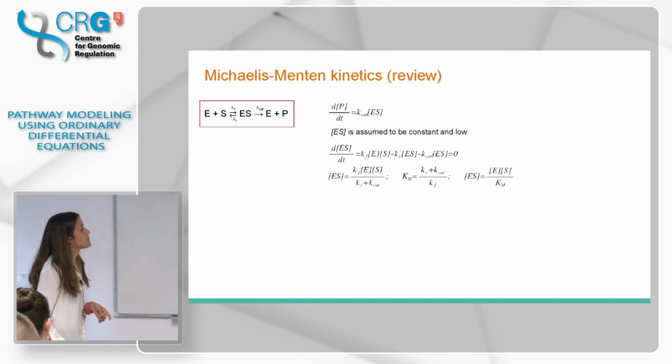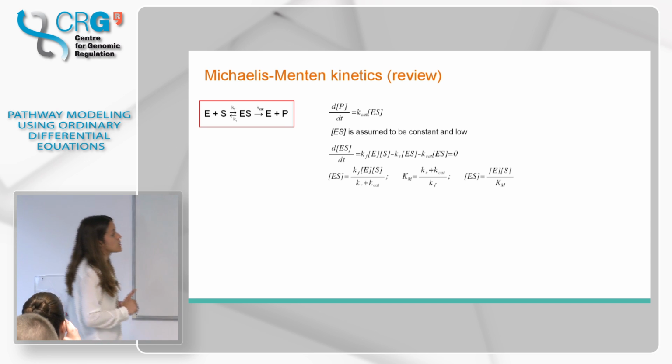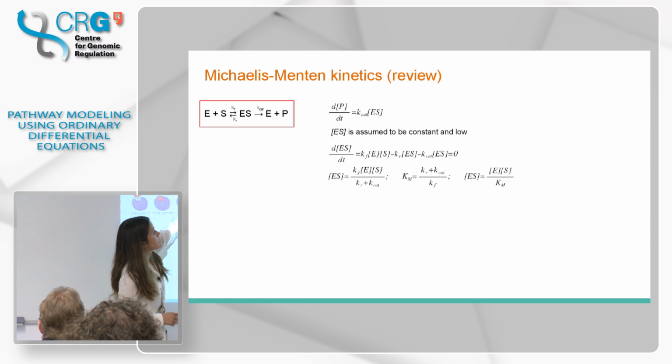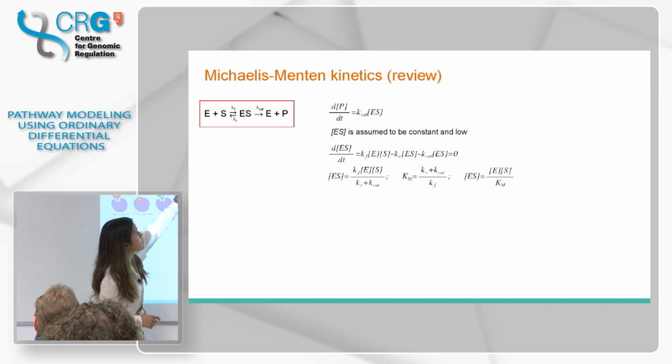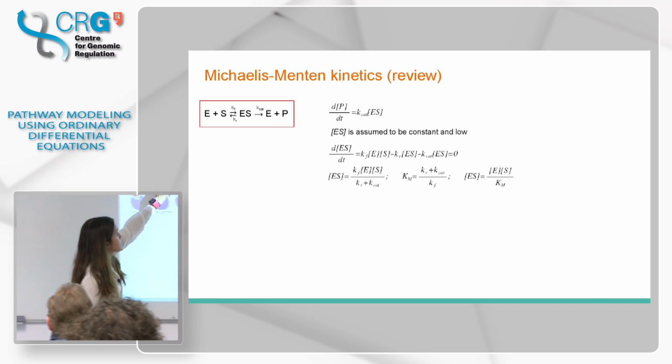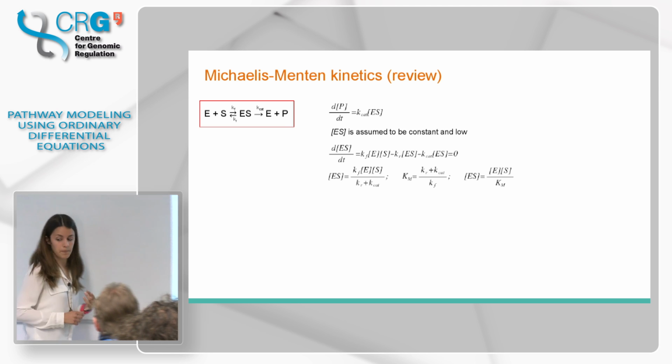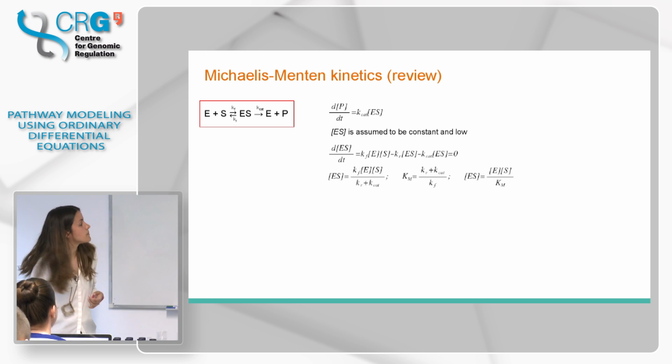So with this, we can assume that the speed of the reaction, that is the rate of production of the product, is this catalytic constant multiplied by the concentration of the ES complex.